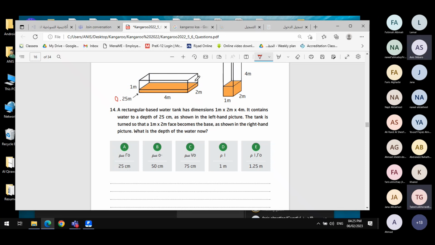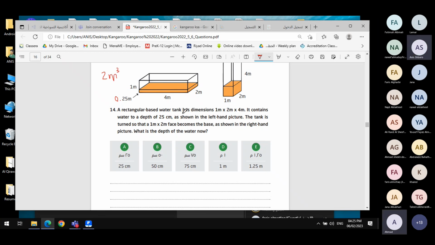Times 2. 0.25 is 1 quarter, so 4 quarters are 1. And multiplied by 2, it's simply 2 meters cube.